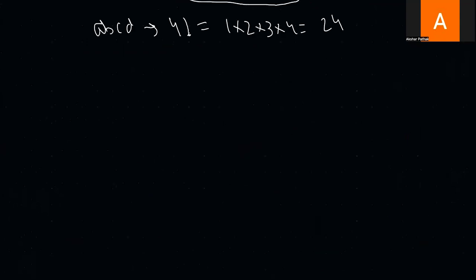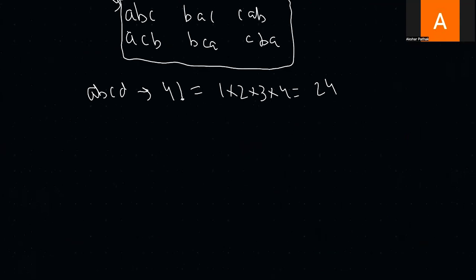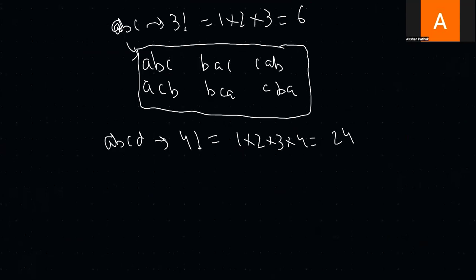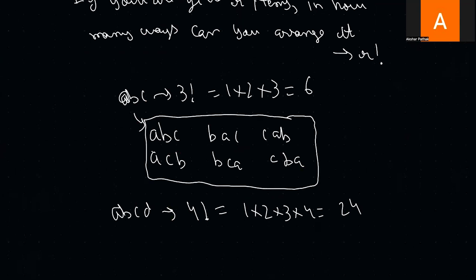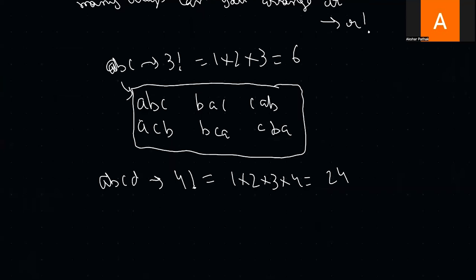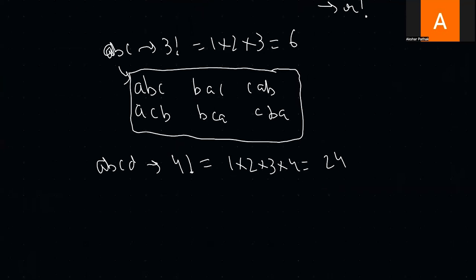But I can also explain in this video the proof of arrangement. Why is it n factorial or r factorial? Why, if there are r items, is the number of ways to arrange them r factorial? I can explain that in this video also.